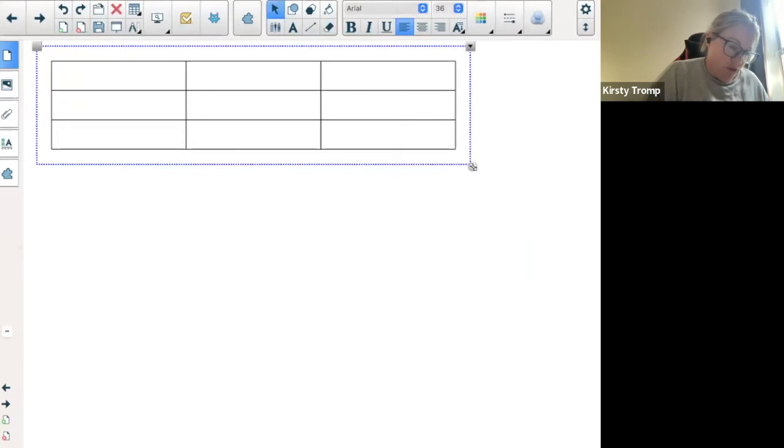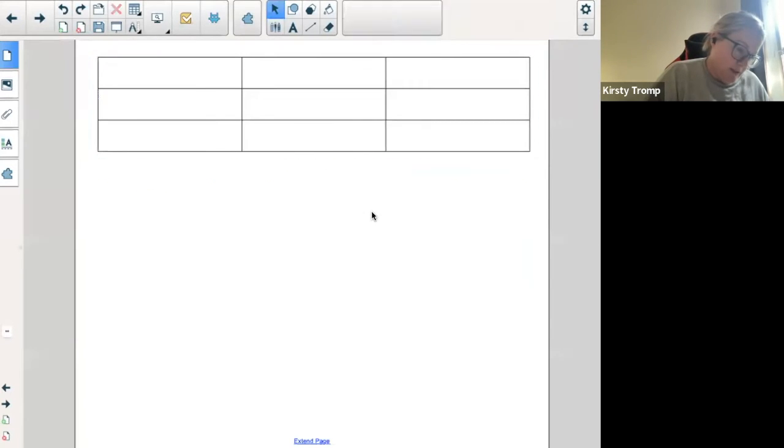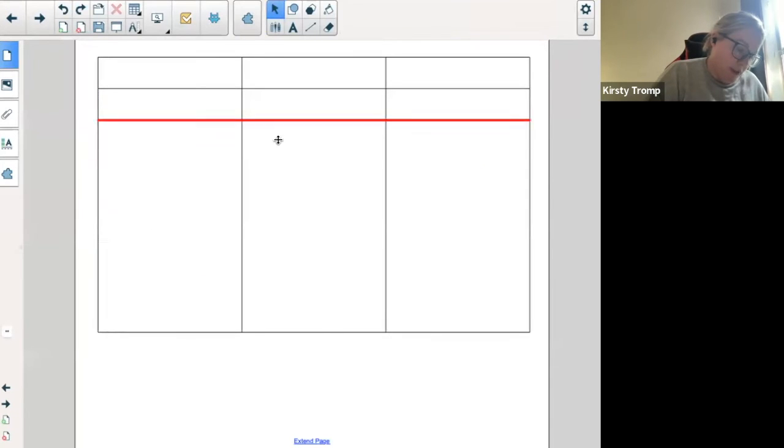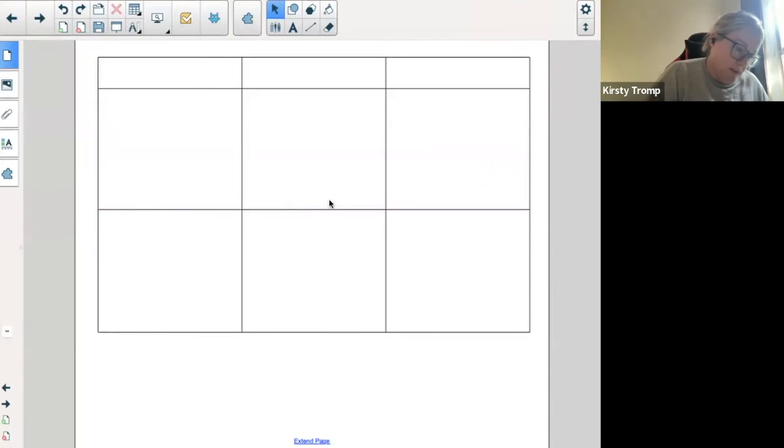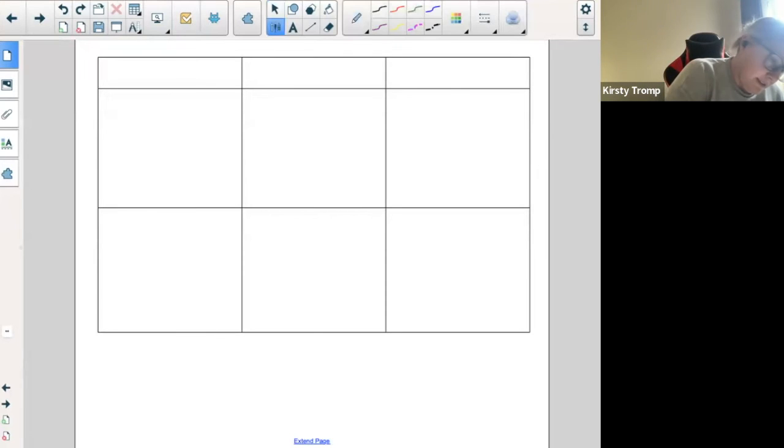So you can start by drawing yourself a nice table with your ruler. These blocks are going to be nice and big because we're going to have big blocks here. We're going to give ourselves some examples. So kind of like that. While you're drawing out your table, I'm going to go fill in some labels here.